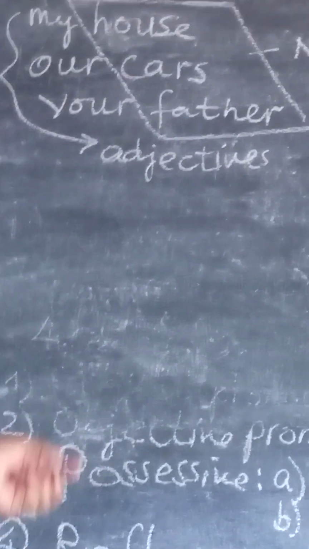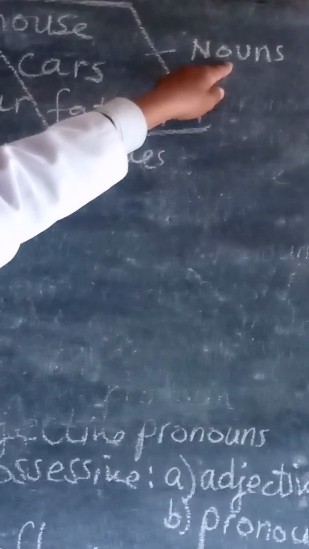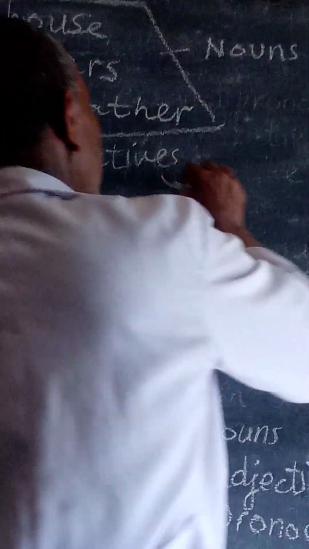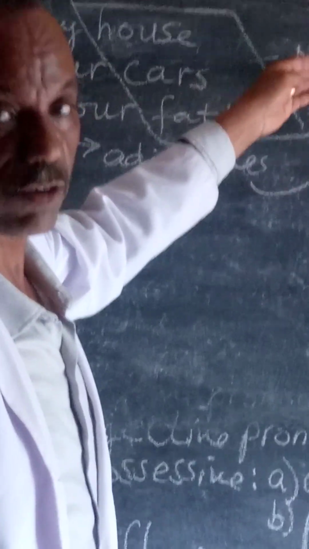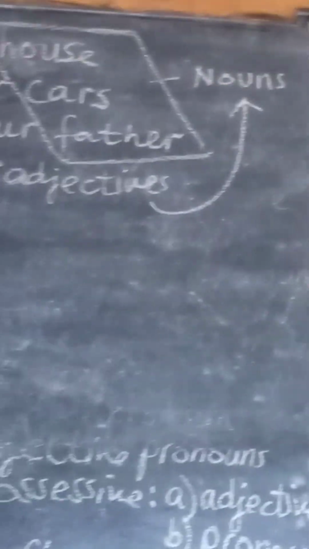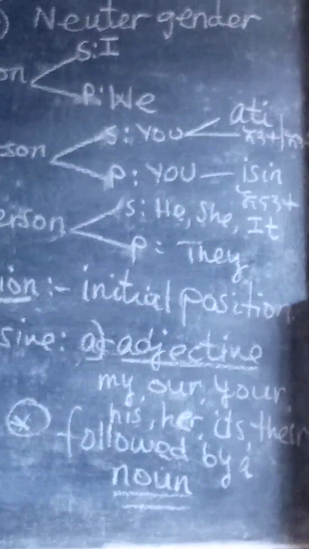It's not a pronoun. What are adjectives? Adjectives are words that qualify or modify nouns. If words modify or qualify or describe nouns, then they are adjectives. That is why we say these forms of the personal pronoun are possessive adjectives.